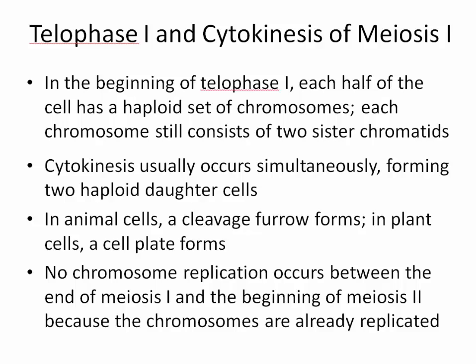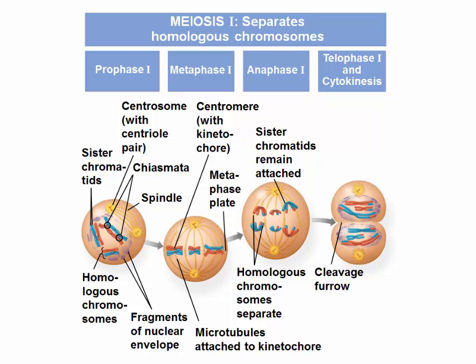No chromosome replication occurs between the end of meiosis 1 and the beginning of meiosis 2 because the chromosomes are already replicated. Here we are, meiosis 1, looking at it again. So now if we look really carefully at the very first picture on the left-hand side, you see chiasmata forming.